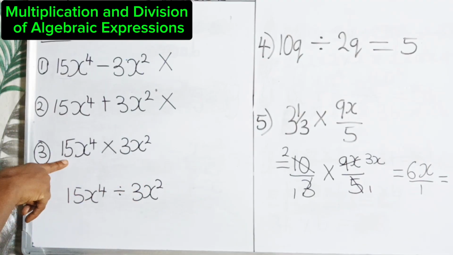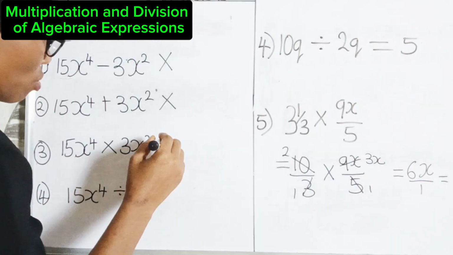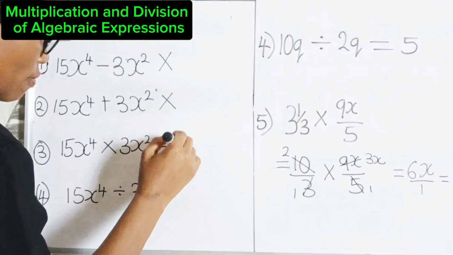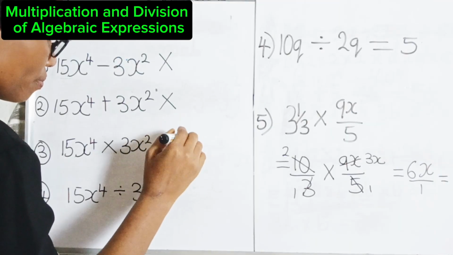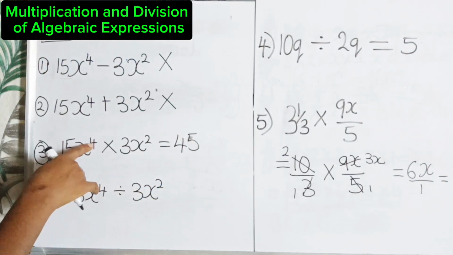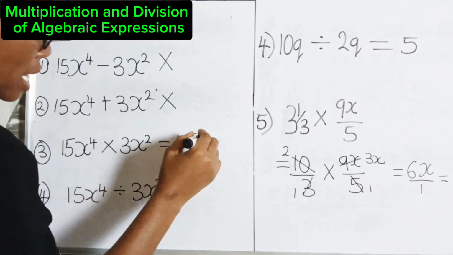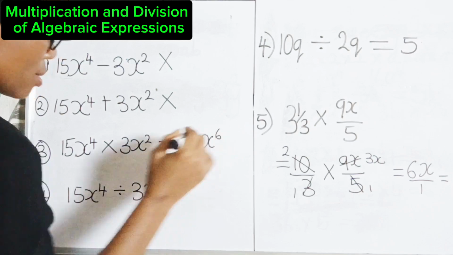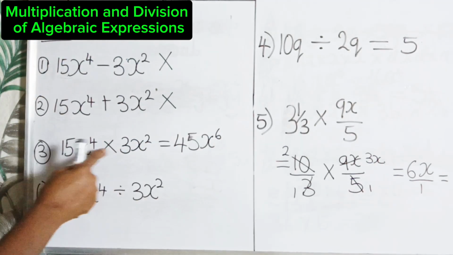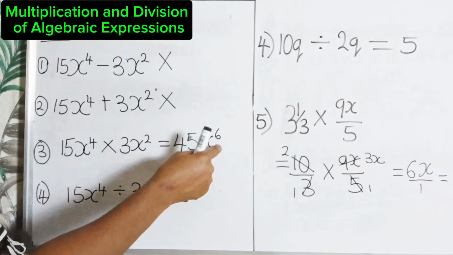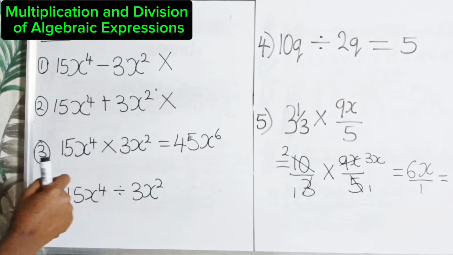Why? We can multiply the coefficient by coefficient. So 15 times 3 is 45. And x raised to the power 4 times x raised to the power 2 is x raised to the power 6. I just picked one of these and then I added the exponent. So that's x raised to the power 6.